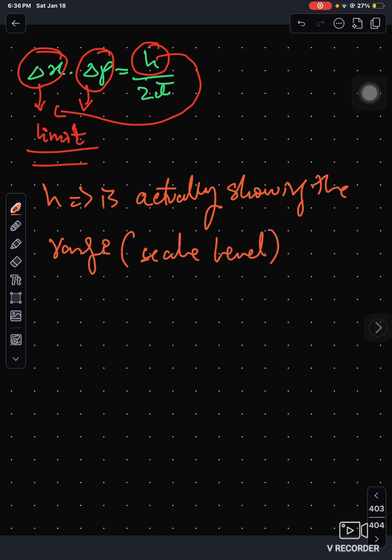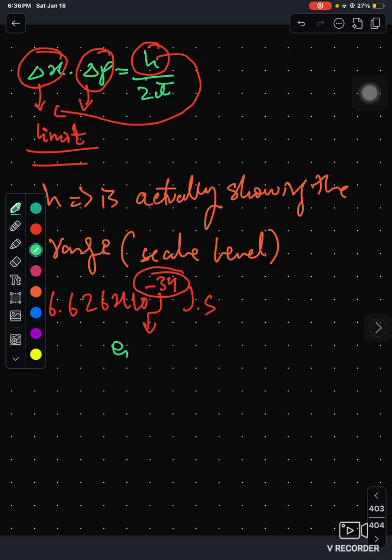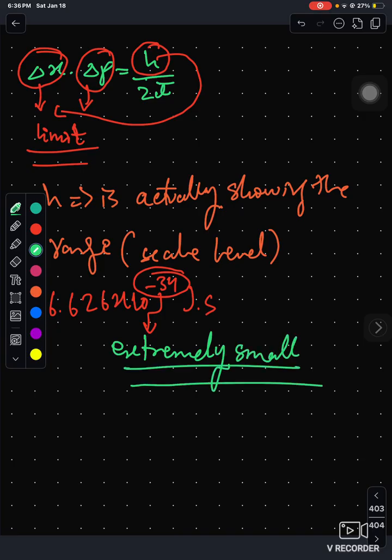Because when we look at the value, 6.626 times 10 to the power minus 34 joule second, this minus 34 is extremely small. Then there's also Planck's length, which can be one of the factors in which Planck's constant is there.